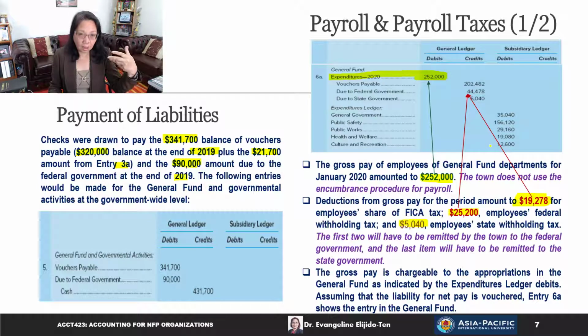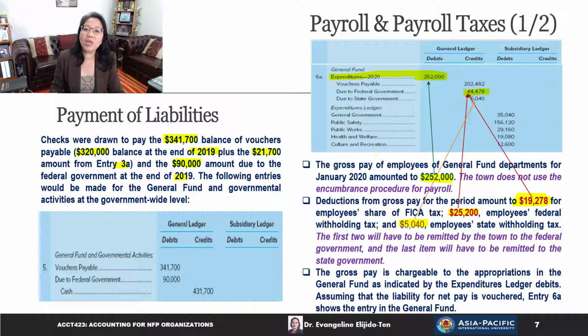We owe the federal government the total of 44,478. All right. What about the employees' state withholding tax? This will be due to state government, or state government payable. So we will credit that amount, 5,040.